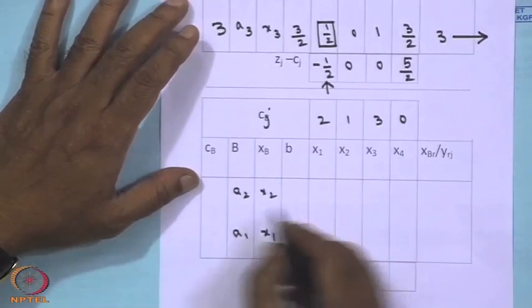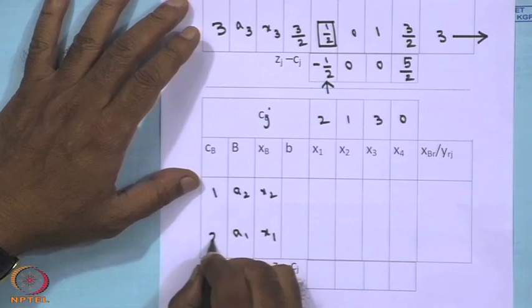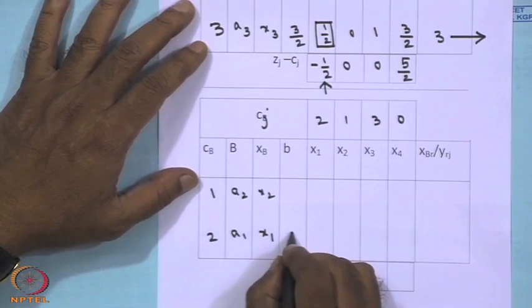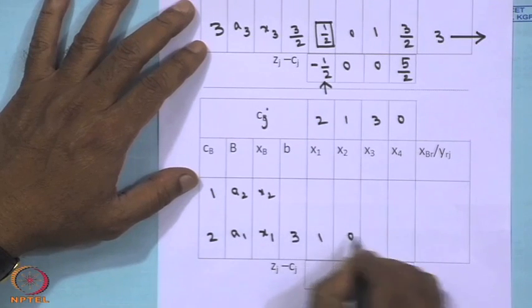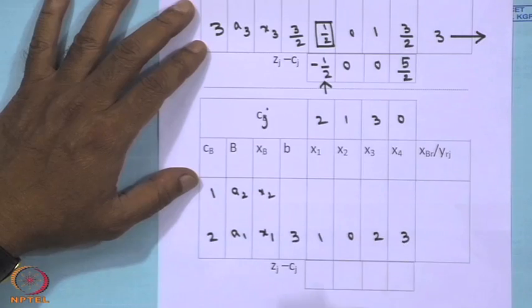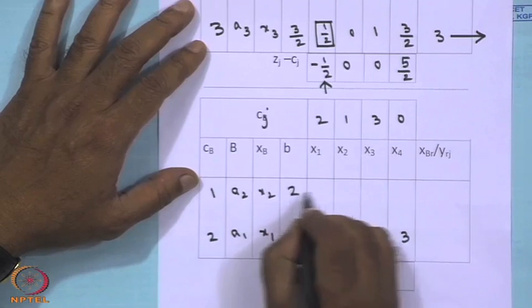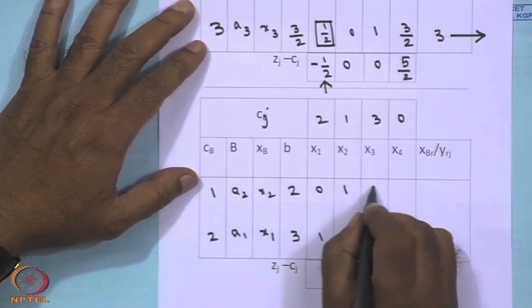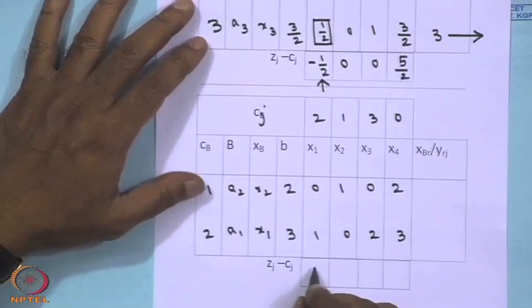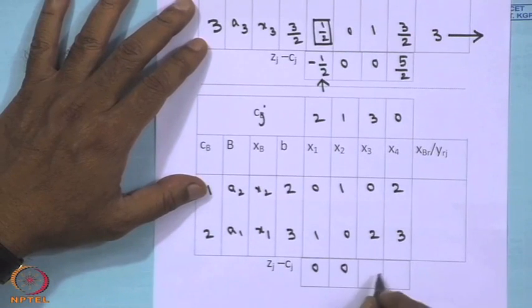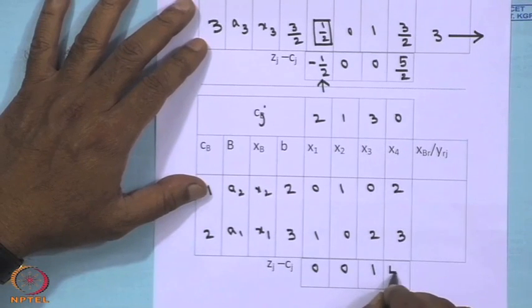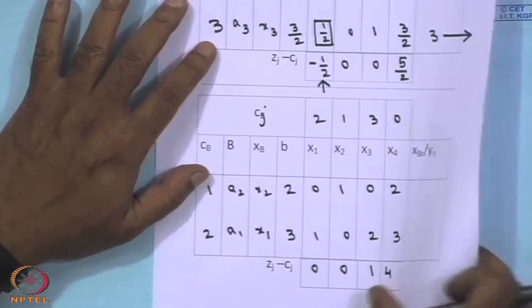Your Cb is 1 and 2. So, I am writing this one 3 1 0 2 3 and this is 2 0 1 0 2. If you calculate Zj minus Cj, you will find the values are coming like this.